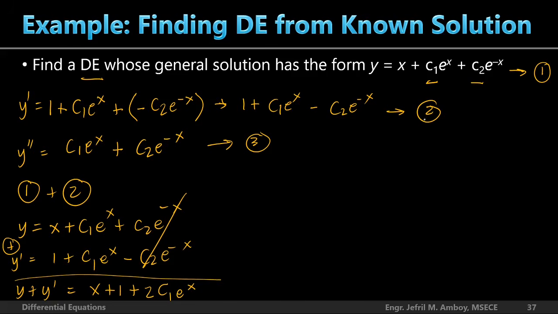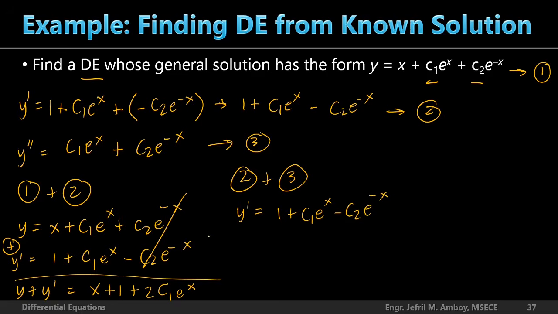Here, in equation 2 and in equation 3, I can also add them to eliminate c2. If I add equations 2 and 3, I'll copy them first so you won't be confused. So, y prime equals 1 plus c1 e raised to x minus c2 e raised to negative x.